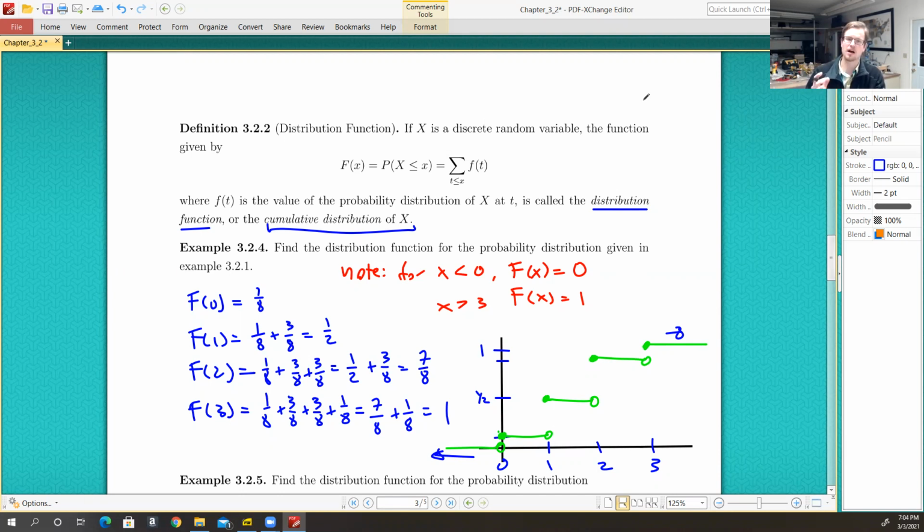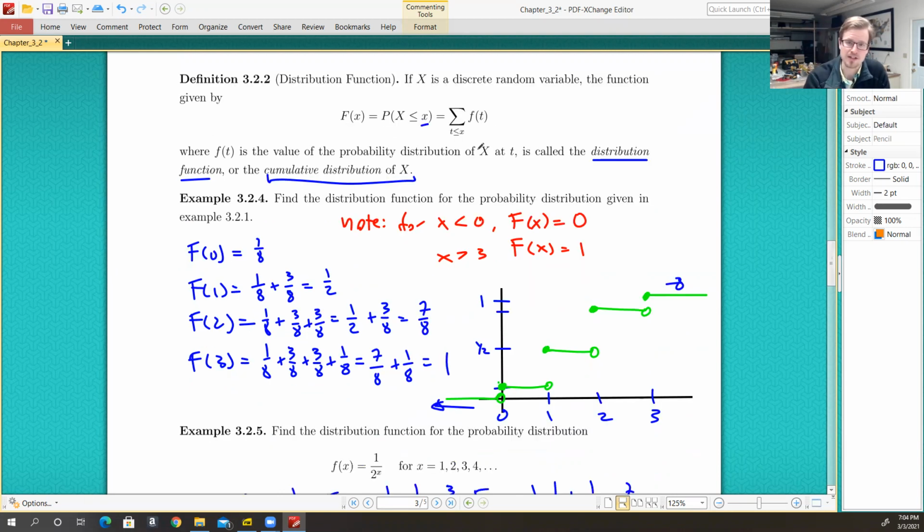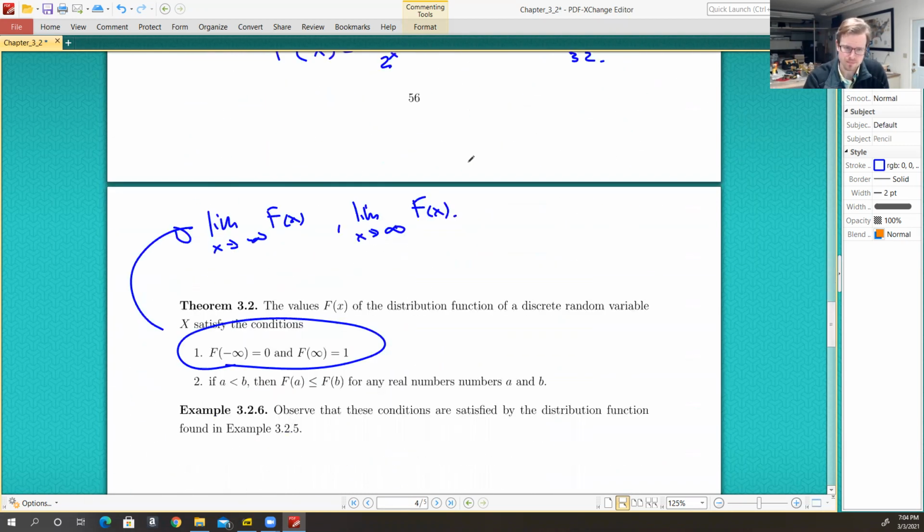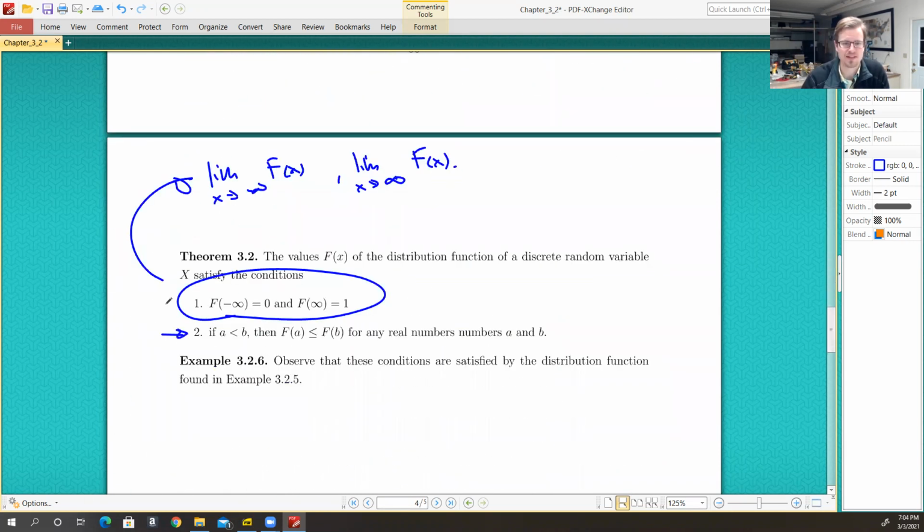All probabilities are between 0 and 1 inclusive. So we cannot take away, we can only add, we can only make it bigger. So as we increase our observable value, the probability should increase as well because we're adding more probability to it. And that's all that this is saying.